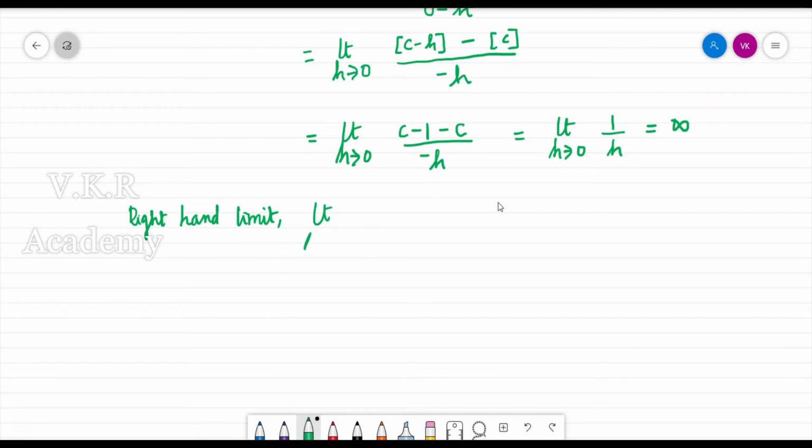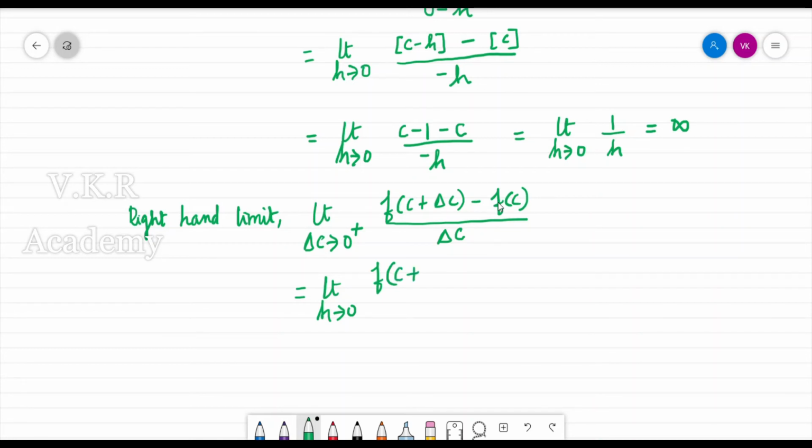That is limit delta c tends to 0 plus f of c plus delta c minus f of c by delta c, that is equal to limit h tends to 0 f of c plus 0 plus h minus f of c by 0 plus h.